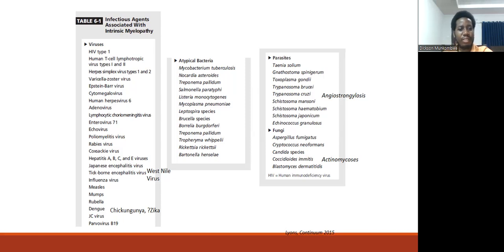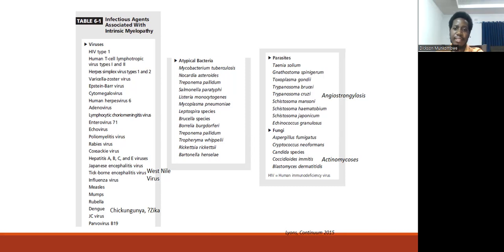Even though we do not test most of these in our acute spinal cord presentation, it is important to also be aware of these other viruses. In terms of the atypical bacteria, TB is an important one to know. Treponema pallidum, very important to know in our area, just as TB, because both can present with any spinal cord syndrome we could think of.